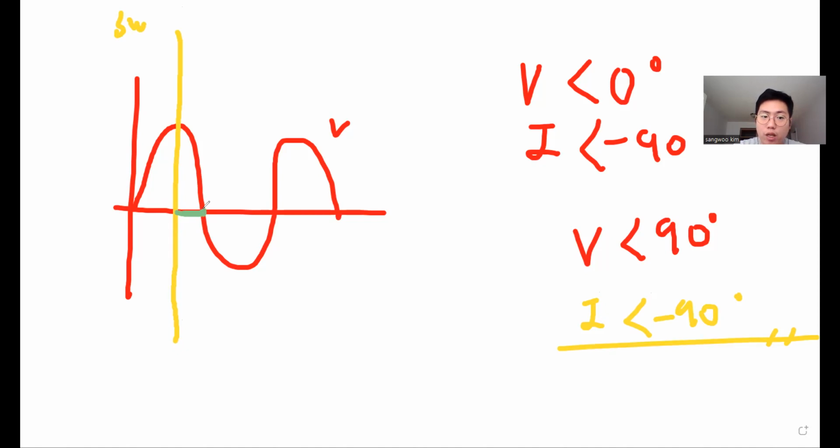But this time, look at that. If I happens like this, what happens in this part? There's no inertia. Now 0 ampere, right? It happens like 0 amperes. You know what I mean? Which means no inertia.